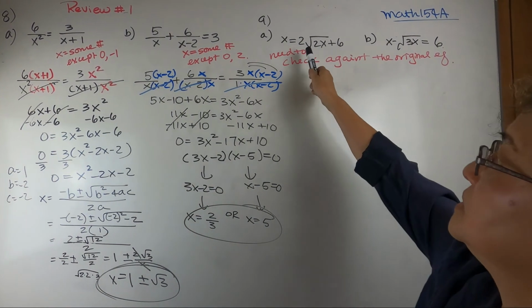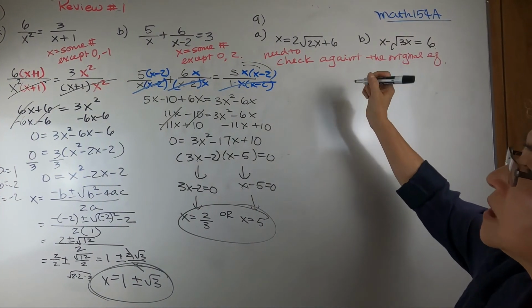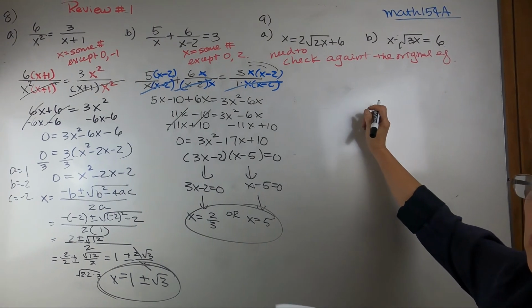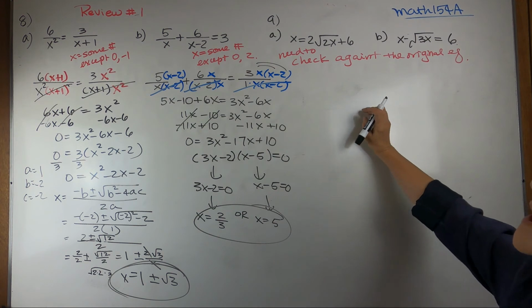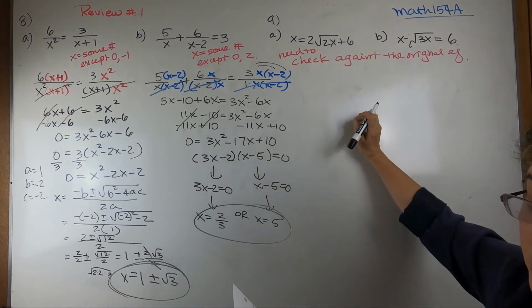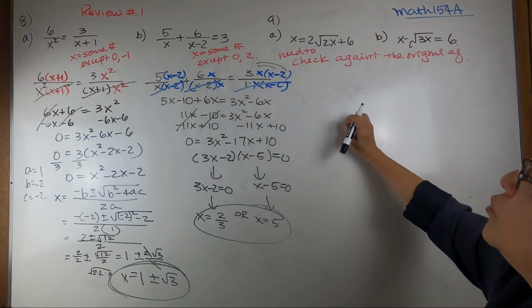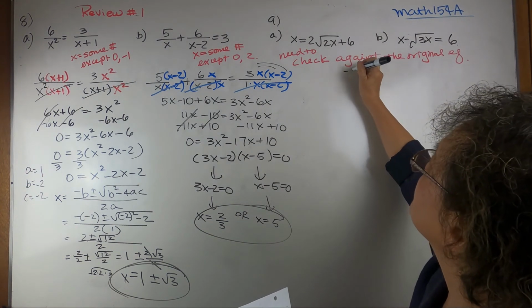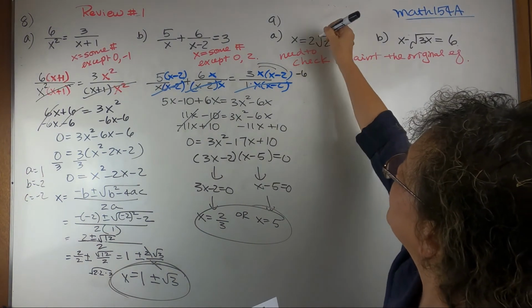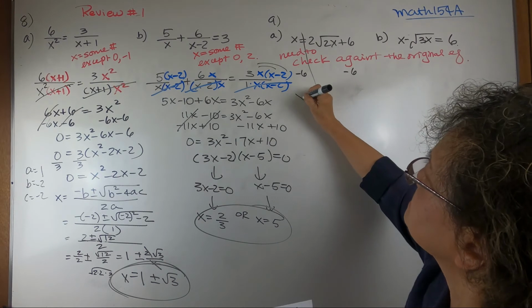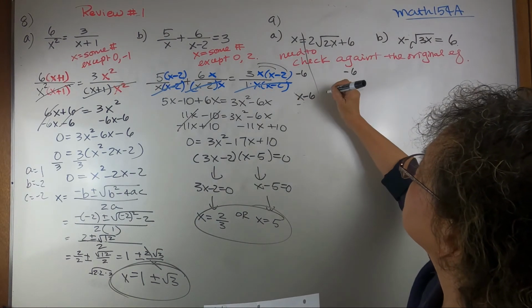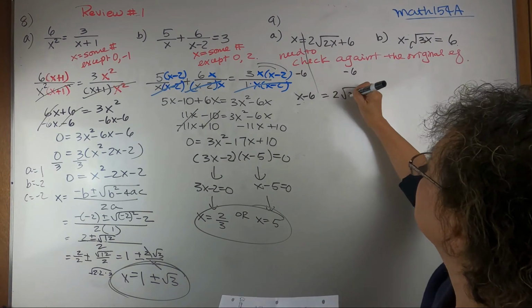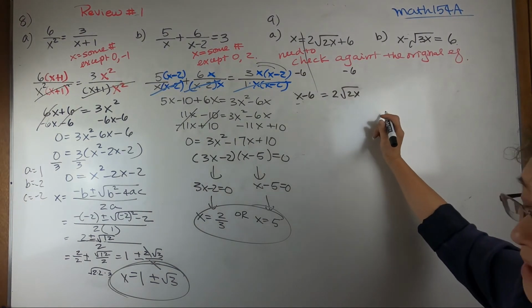Okay? So, let's see. Number 9, radical equations. How should we start? You look at your notes, the steps, if you don't remember. We have to get the radical by itself before we can take a square. So we minus 6 on both sides. So I have negative 6 on this side, and 2 square root of 2x on this side. Then what do we do?